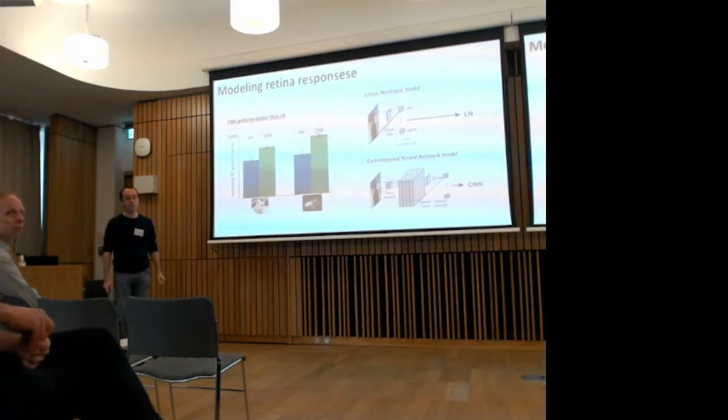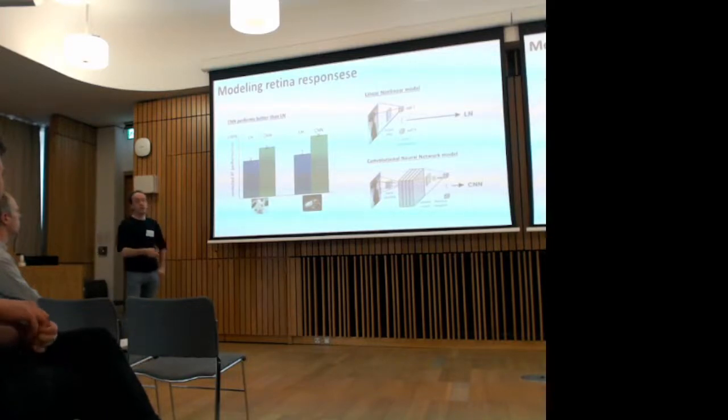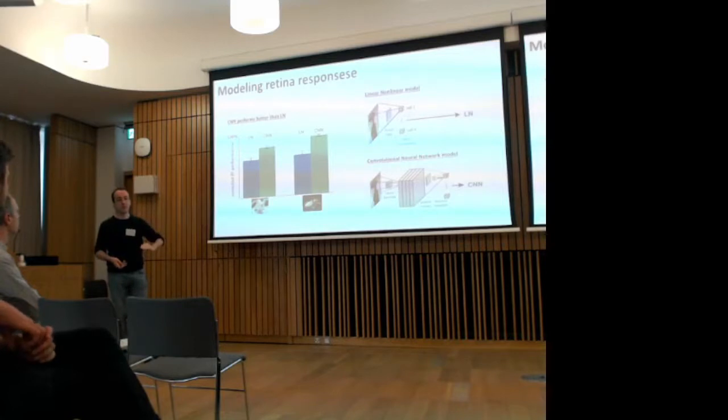The ganglion cells don't receive input right away from the natural images. There are several layers in the retinal circuit. You can take the CNN as a model of the entire retinal circuit, which is composed of several layers.